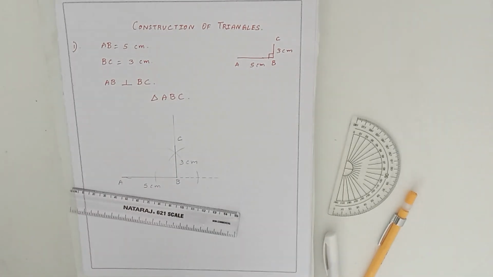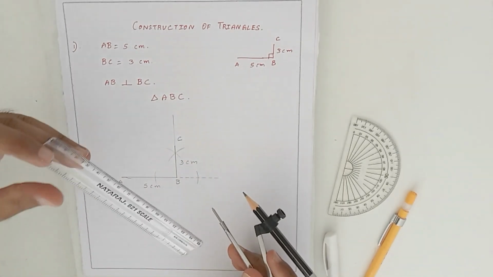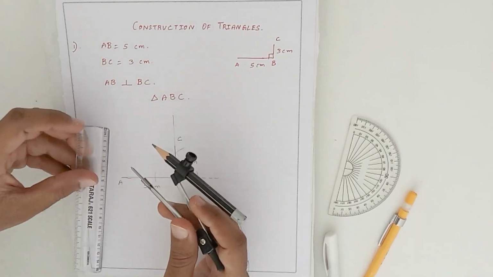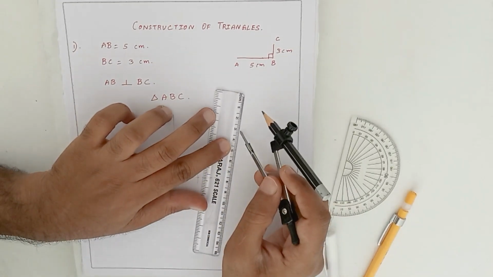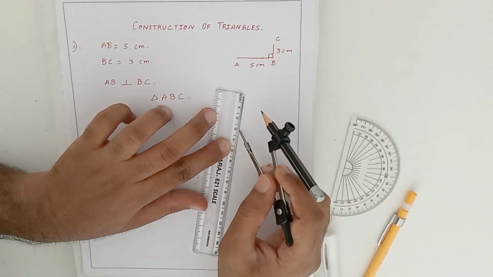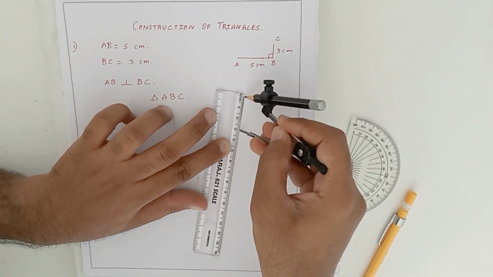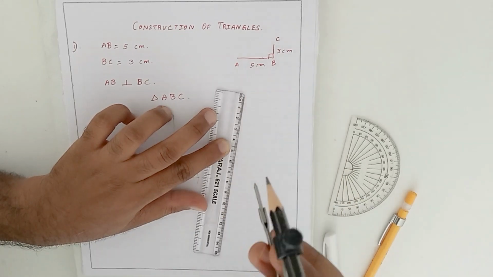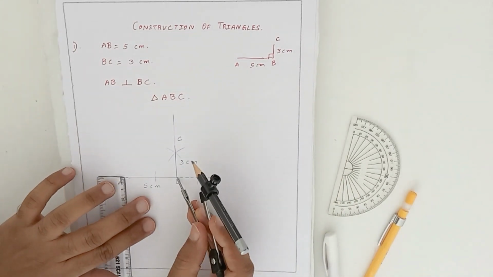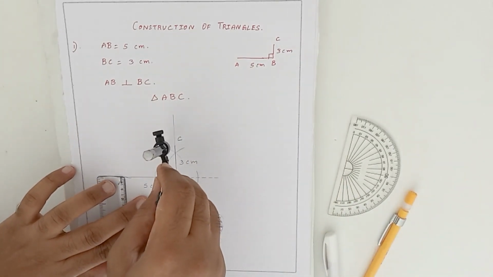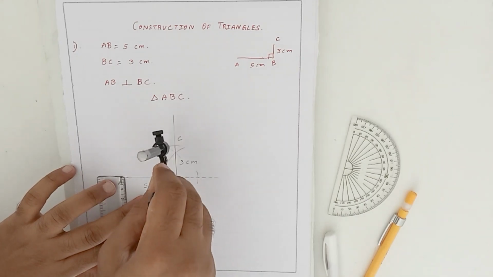Then you have to do like this only. Don't measure 3 centimeters. Instead of measuring 3 centimeters with your scale, take with your compass, measure 3 centimeters. I'll have to decrease it slightly. Yes, now I have measured 3 centimeters with the compass. Then place the compass tip here and then cut this line.